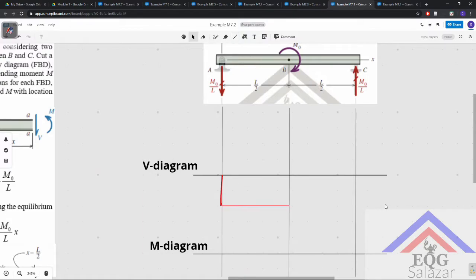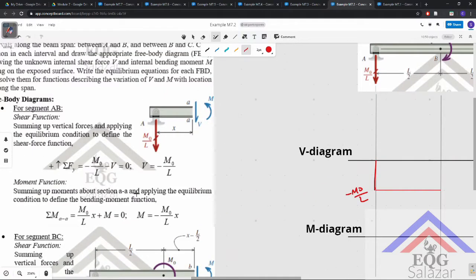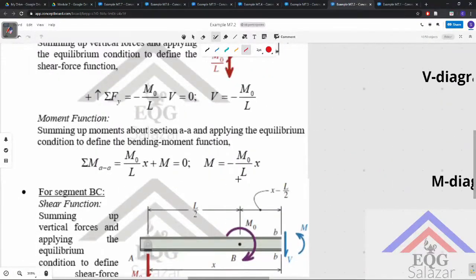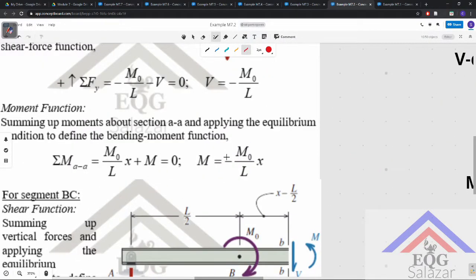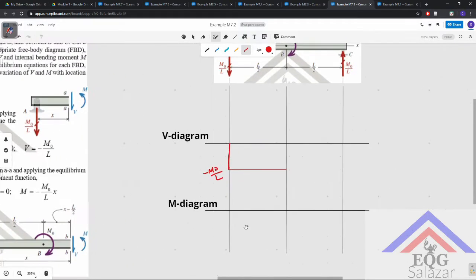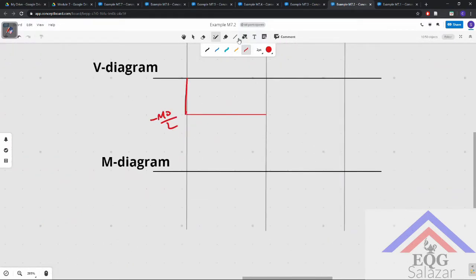So this is negative M naught over L. Next we have negative M naught over L times x, and therefore that is a straight line going down.